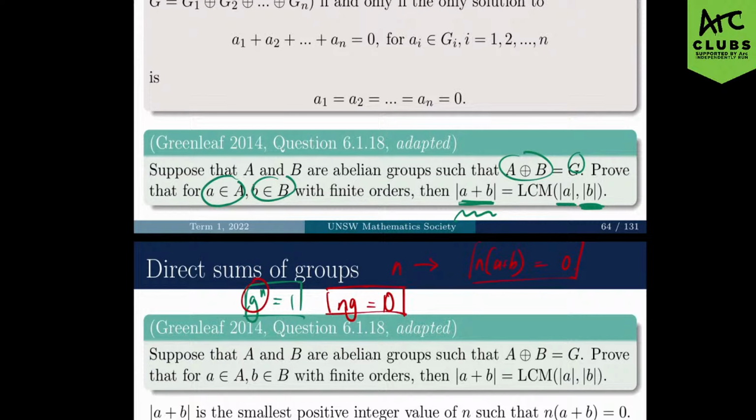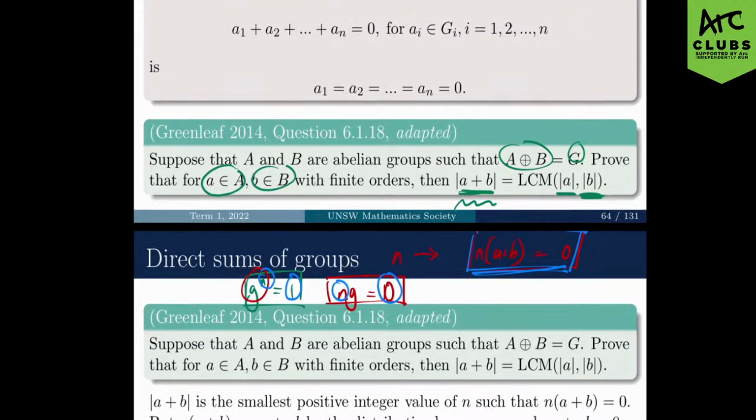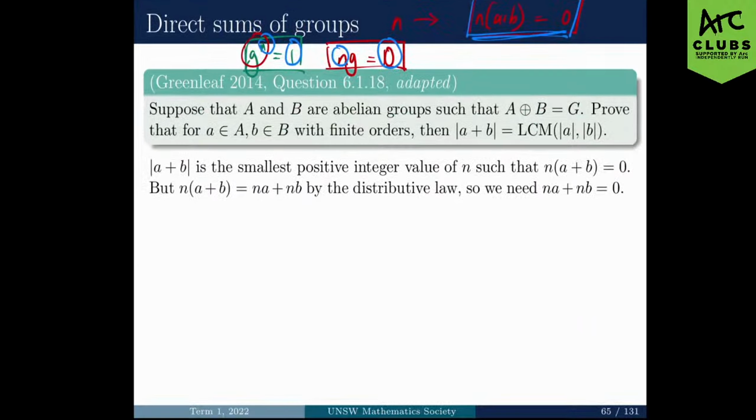Because we change powers to just multiplication, and we change the multiplicative identity 1 to the additive identity 0. So the order of a plus b is the smallest positive integer value of n such that n times (a plus b) is equal to 0.